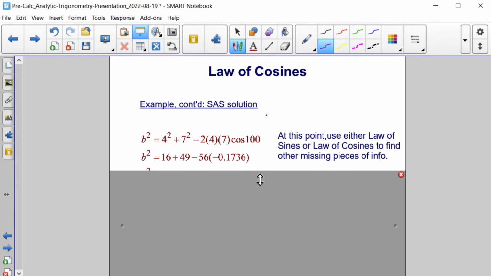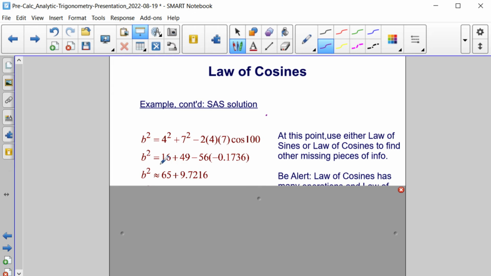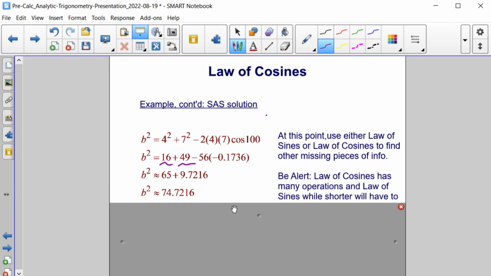And then first let's add these two together and we get 65. And then when we multiply negative 56 and our negative decimal together, we get a positive value of 9 and 7,216 10,000ths.